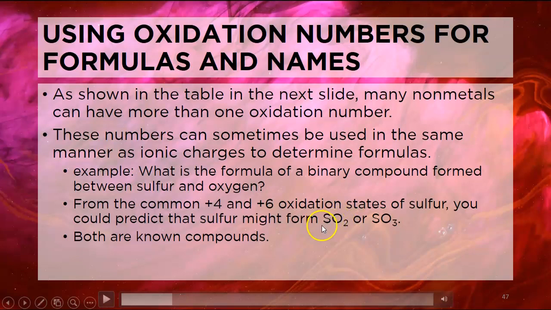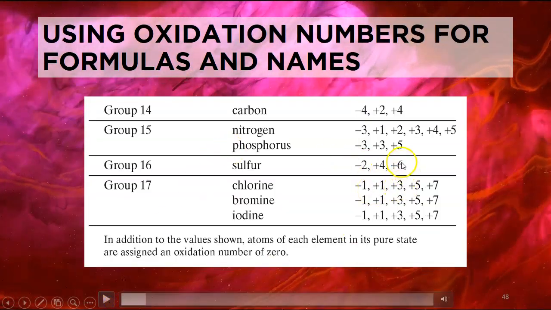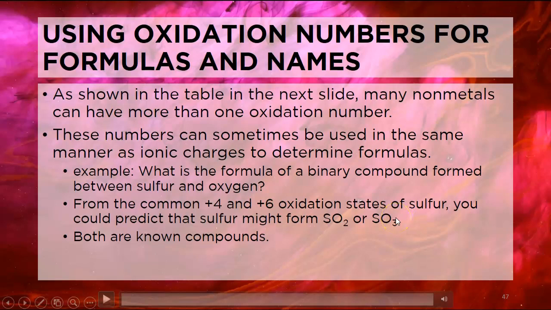So we wonder if sulfur can have a +4. Well, when we look on this chart, we see some of the common possible oxidation states. Sulfur does have a +4. It also has a +6, which makes sense on why SO3 is possible, because with 3 oxygens we'd have a -6, and then the sulfur would make it +6.